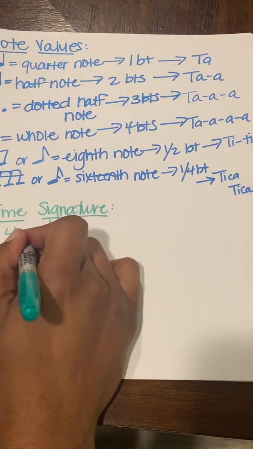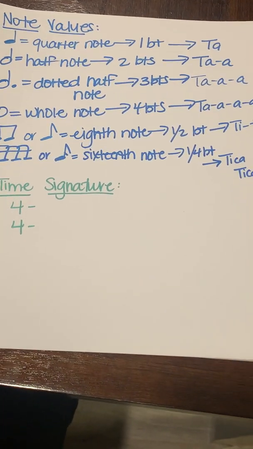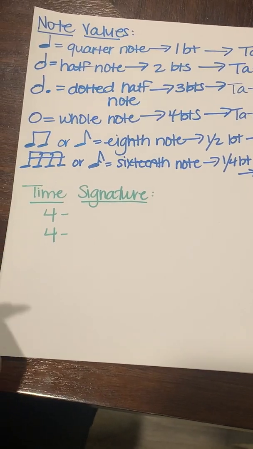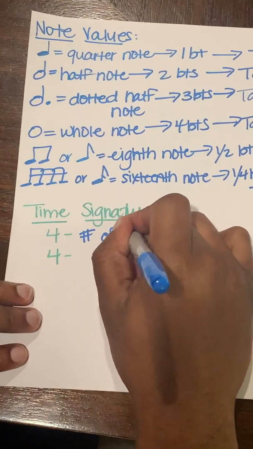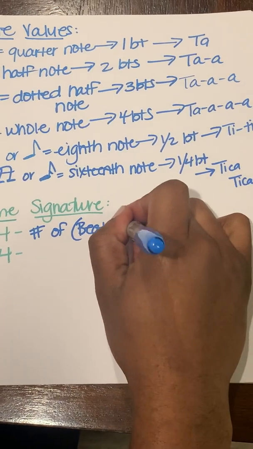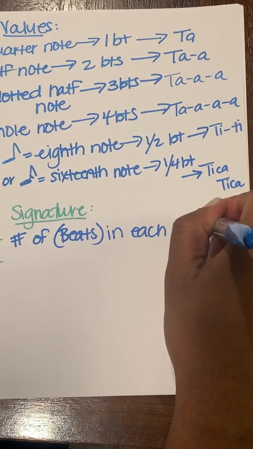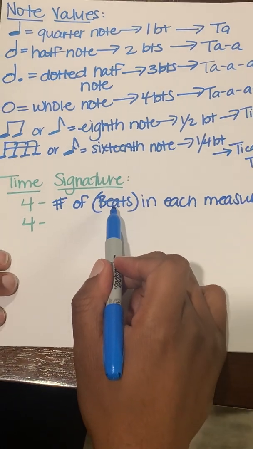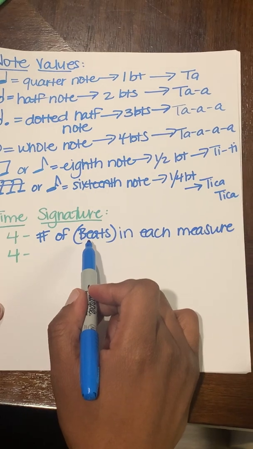The top number tells us 1 piece of information, and the bottom number tells us a different set of information. So the top number tells us the number of beats in each measure. Okay? It tells us the number of beats, not the number of notes, but the number of beats in each measure.